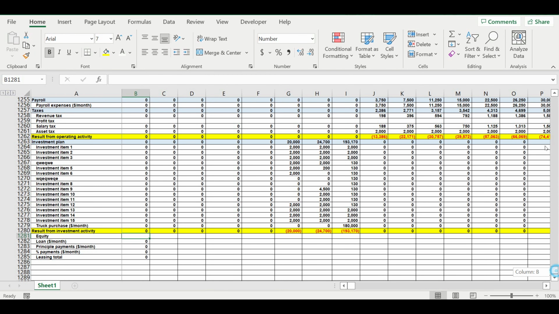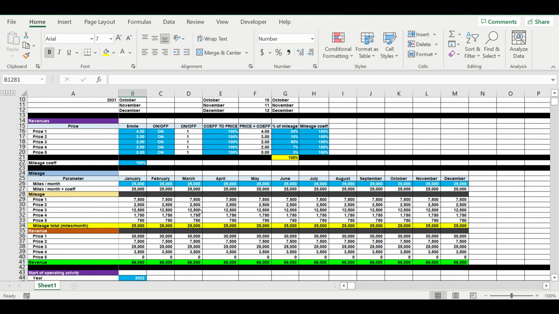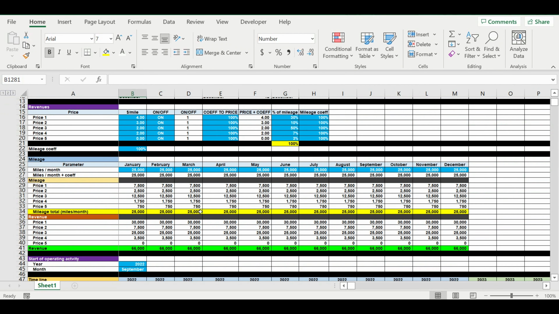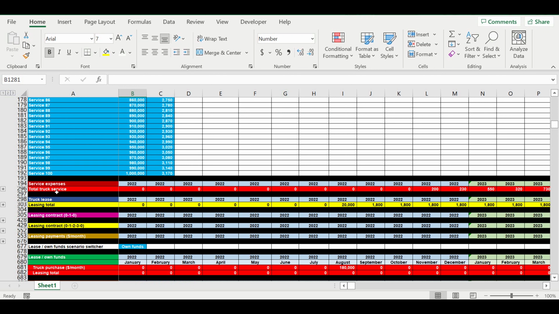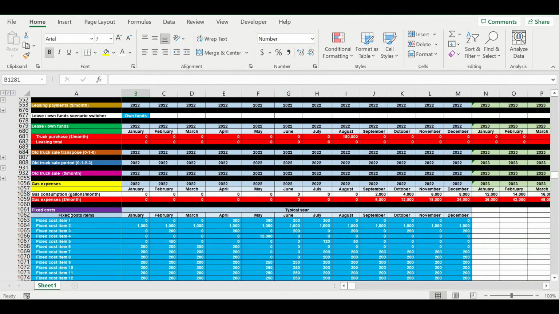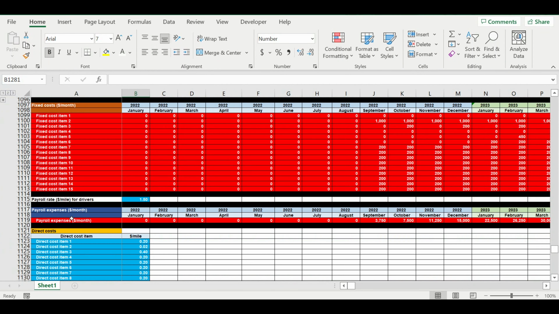Let's just go from top to bottom to see, maybe we've forgotten some lines to add. Revenues, we added. Truck service, we added. Leasing, truck purchase, we added. Gasoline added, fixed costs added, payroll added, direct costs added, and the plan we added already.